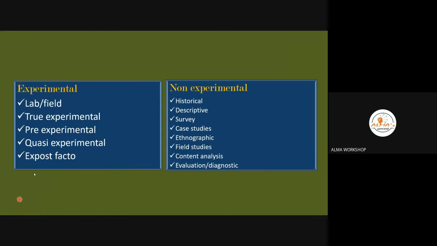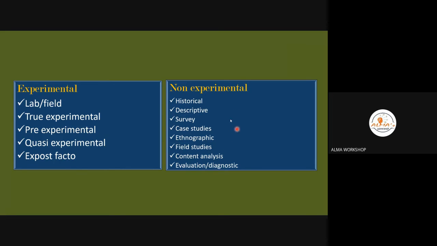Okay. So experimental research design has different types, girls. We have true experiment, lab and field, pre-experimental research design, quasi-experimental research design, and ex post facto research design. Non-experimental research designs are historical research, descriptive research, survey research, case studies, ethnography.